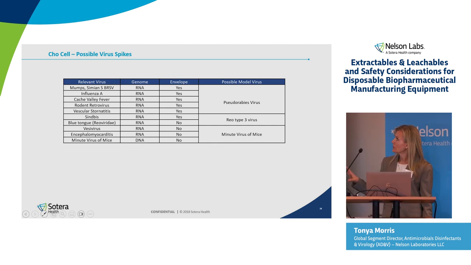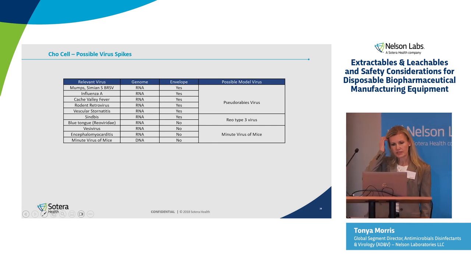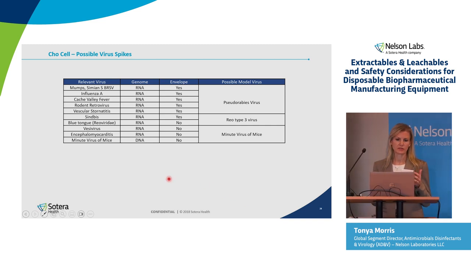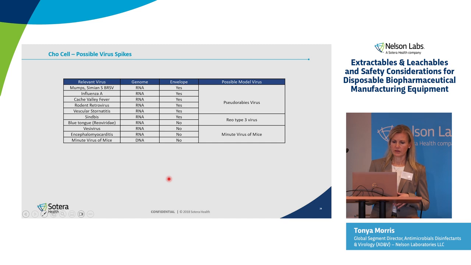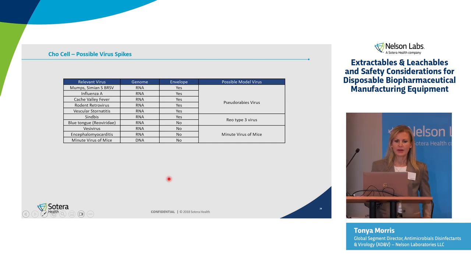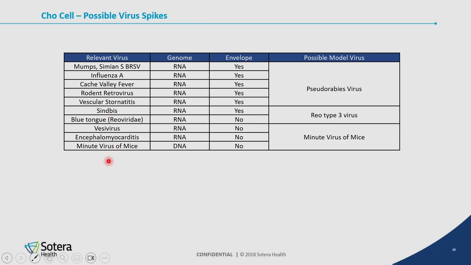So basically what I did was I took different types of possible contaminants within certain processing conditions and proposed a model virus. And I did not propose the model virus, but I had help. So off to the left here is a possible contaminant that you might see within a CHO cell line, and off to the right would be a model virus you might be able to select for use in your viral clearance study.